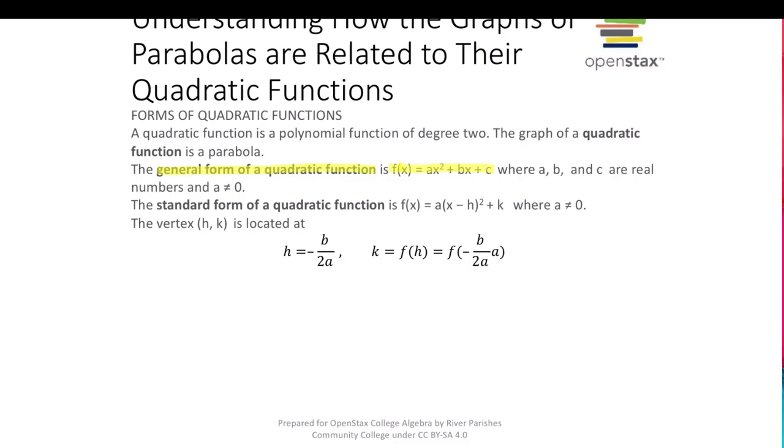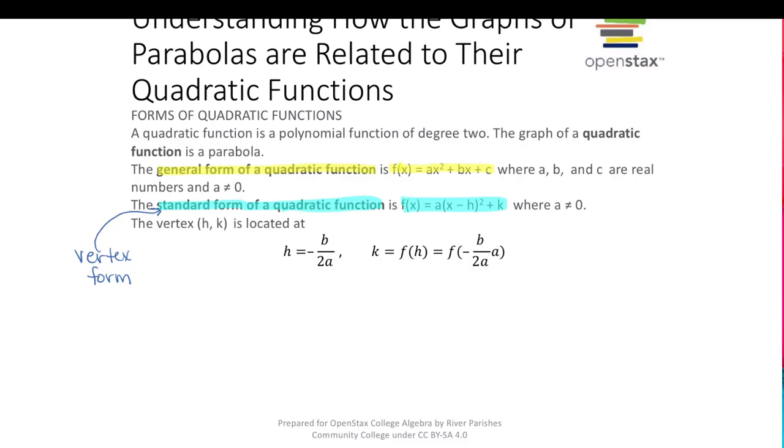Now we also have a special form, and it is called standard form. I know it as vertex form. That's how I learned it. So if I say vertex form, I mean standard form. So the standard form of a quadratic equation is f of x equals a times (x minus h) squared plus k.